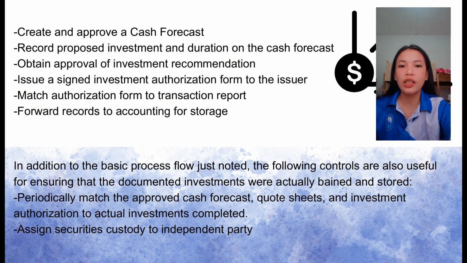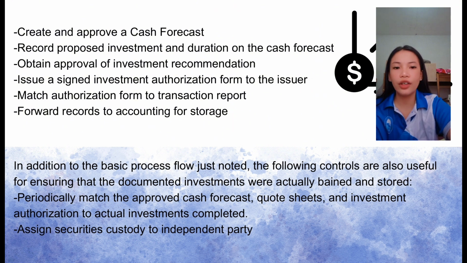Matching the signed authorization form to the bank's transaction report is very important kasi it allows the company to verify if the bank followed the approved investment instruction correctly. This process ensures that funds are invested as intended and helps catch any errors or omissions.